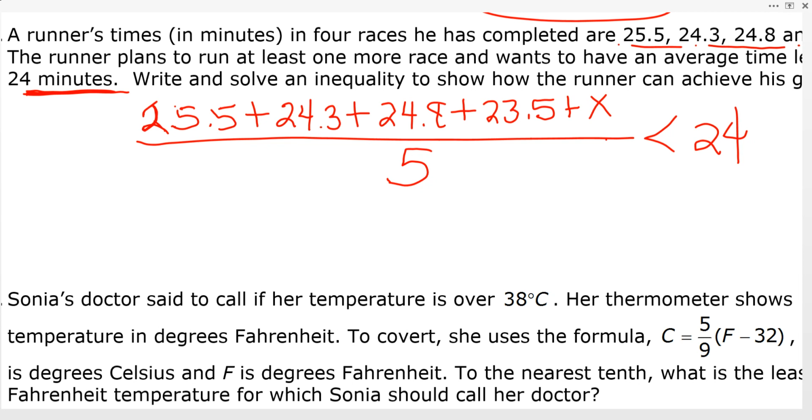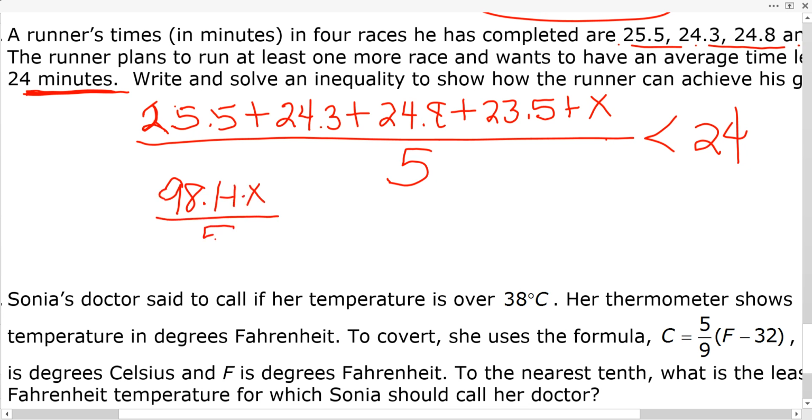So I'm going to add up all the numbers at the top: 25.5 plus 24.3 plus 24.8 plus 23.5 adds up to 98.1. So 98.1 plus x, divided by 5, has got to be less than 24.